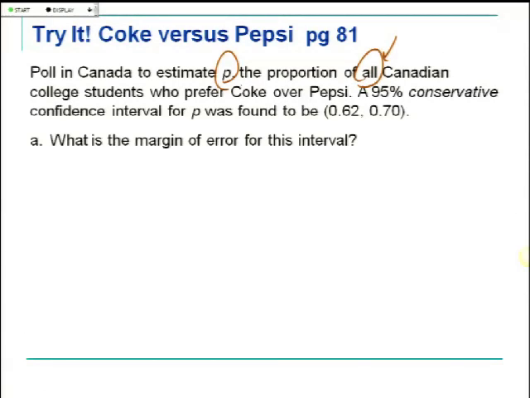The confidence interval is a 95% conservative version, and it's already calculated for us. It goes from 62 to 70%. So we would estimate right now, with 95% confidence, that the proportion of Canadian college students who prefer Coke over Pepsi is somewhere between 62 and 70%.